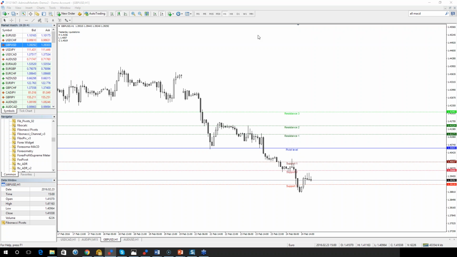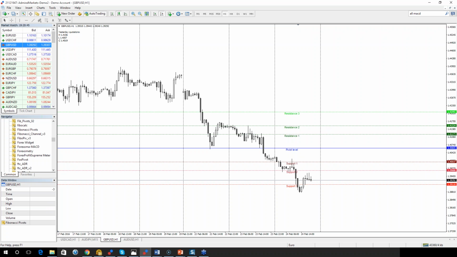So when you start your trading day, you will usually see that the price is opening in between pivot point and support. If you see that the first support has been broken before an actual pivot point test, you might assume that the trend for that day will be bearish.